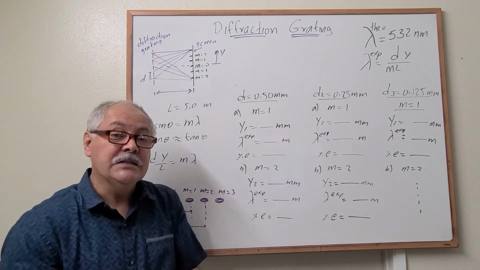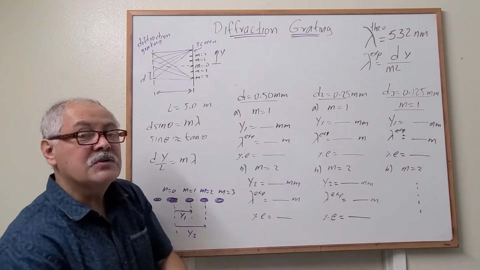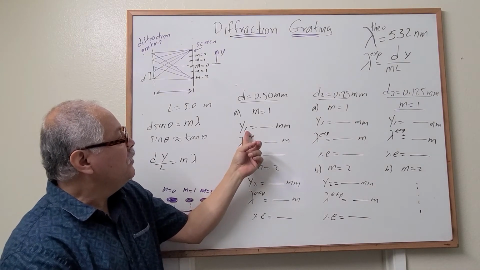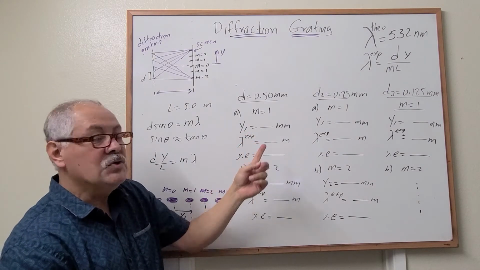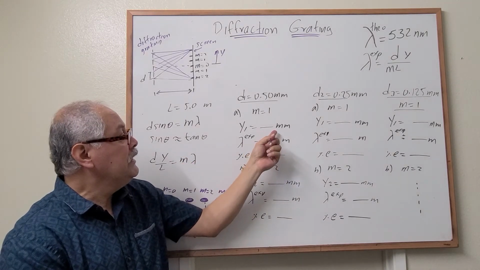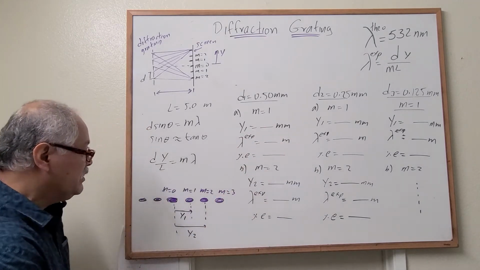And let's take 2 parts, part A and part B. In part A, let's make m equals 1, and then find the distance from the center to that bright fringe, and let's label y1 equals something in millimeters. Okay, it's coming in this way.